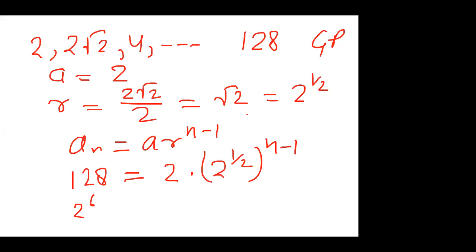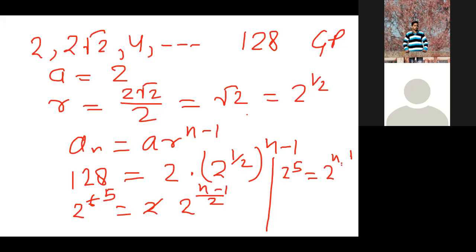2 to the power 7 is equal to 2 into 2 to the power (n minus 1) by 2. This 2 to the power 1 will get cancelled. Now we are simplifying it here. 2 to the power 6 is equal to 2 to the power (n minus 1) by 2.